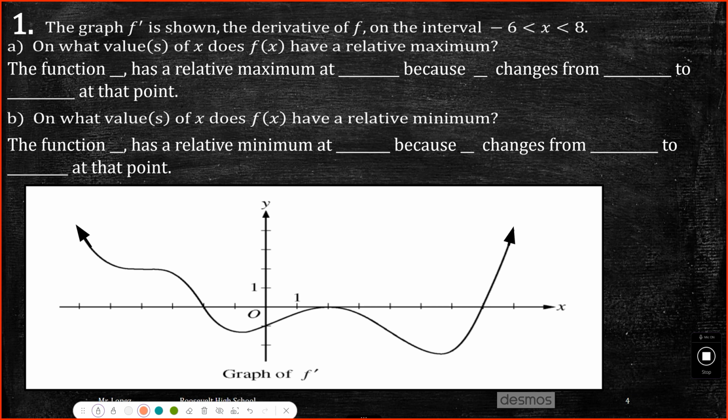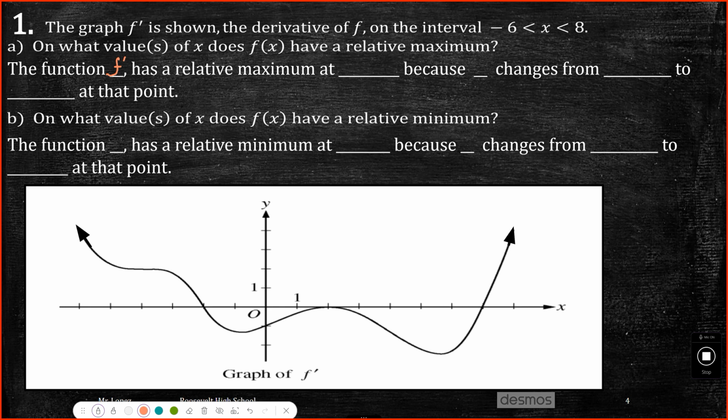The graph f prime. So we know that this is the derivative graph. Derivative graph is shown. On what values of x does f of x have a relative maximum? The function. Okay, what do you put there? The function f prime has a relative maximum. Everybody, is that correct?